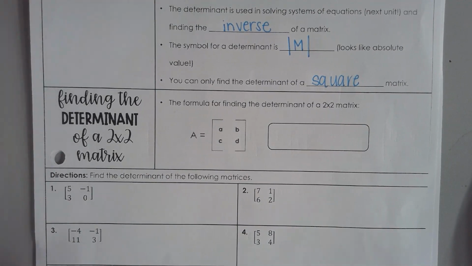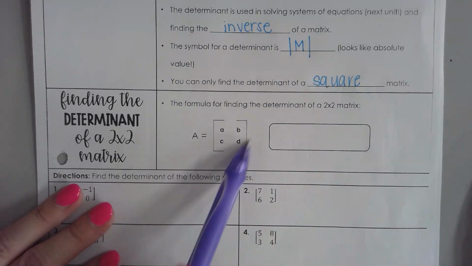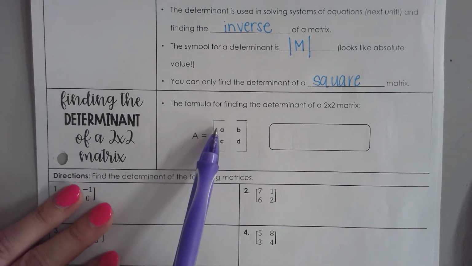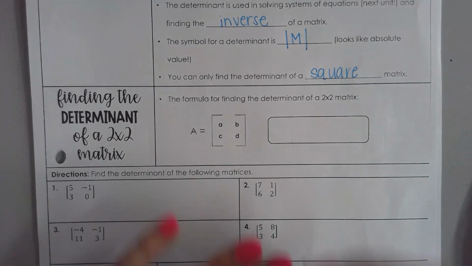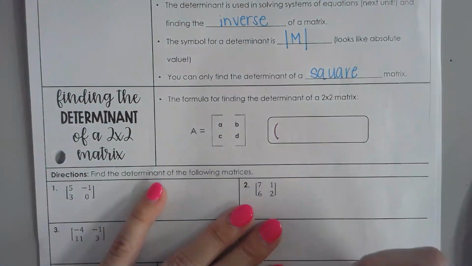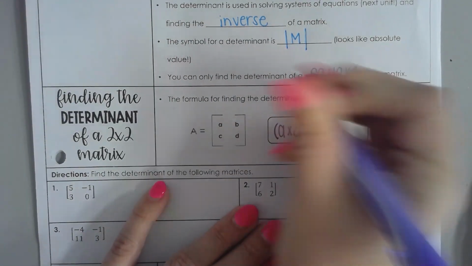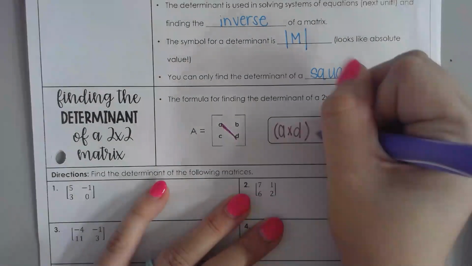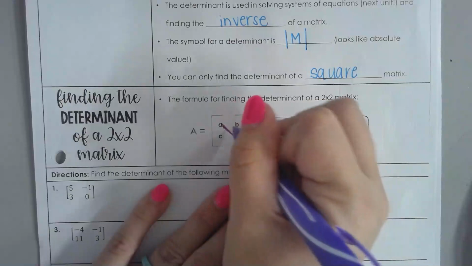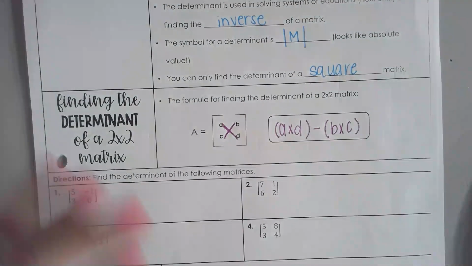Okay. So a 2 by 2 matrix, if I have this one right here, and I just label the elements A, B, C, D, the way you find the determinant, in parentheses, you do A times D, so you multiply those two, and then minus B times C. That's it.